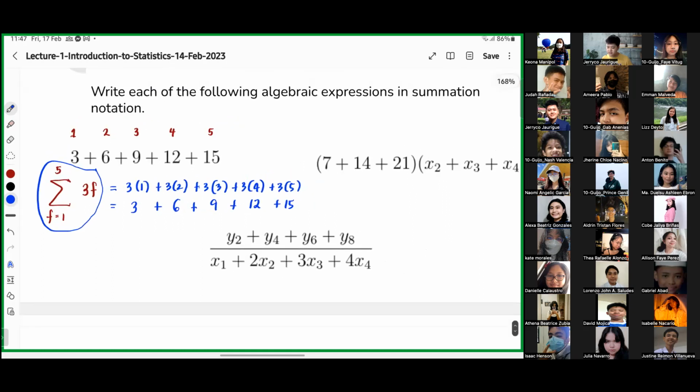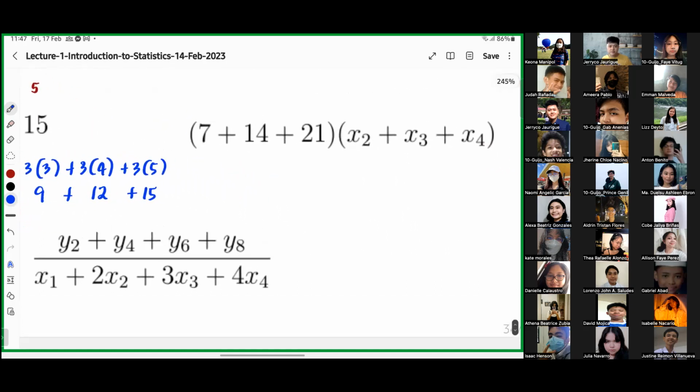Let's have another one. Paano pa ganyan? Tatlo lang to, no?